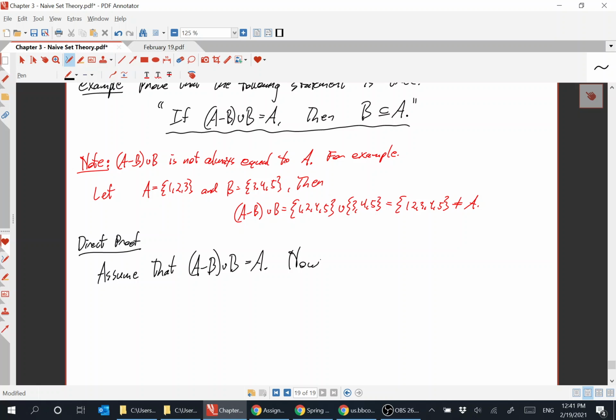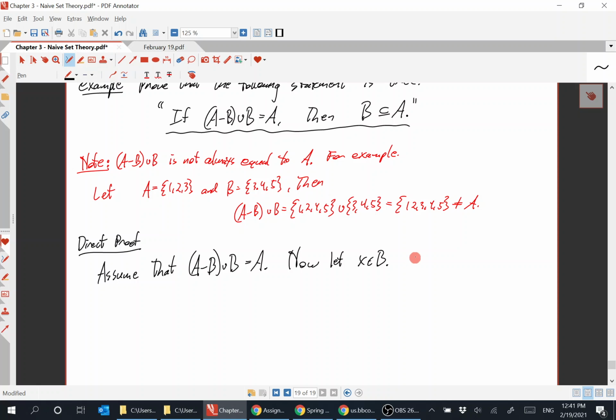What do I start with to show that B is a subset of A? Let x be an element of B. Yes. Now let x be an element of B. We want to show that x is an element of A.